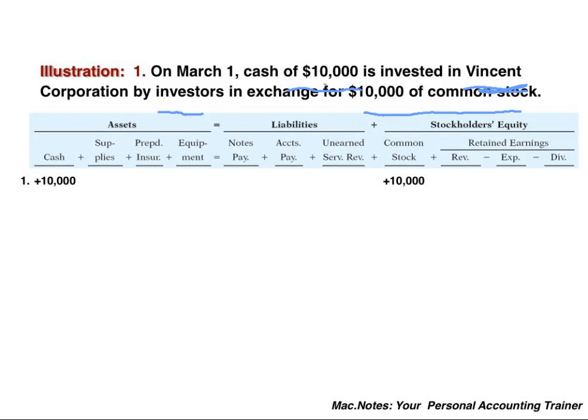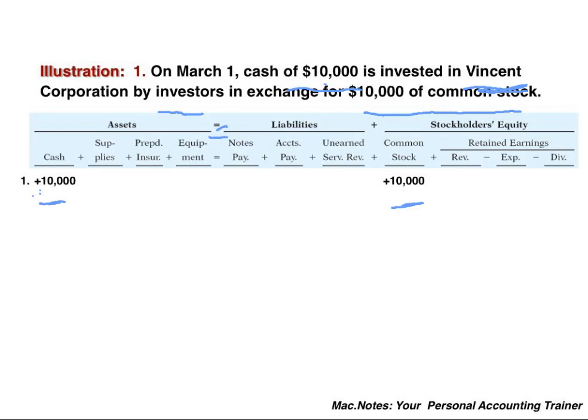So keep in mind, we're recording the business transactions of the entity, the business. So the assets go up by $10,000. That's reasonable. No liability. And the shareholders' equity goes up. So you see, what we have here is the equal sign. There's an increase on the left part of the equal sign, and there's an increase on the right side.